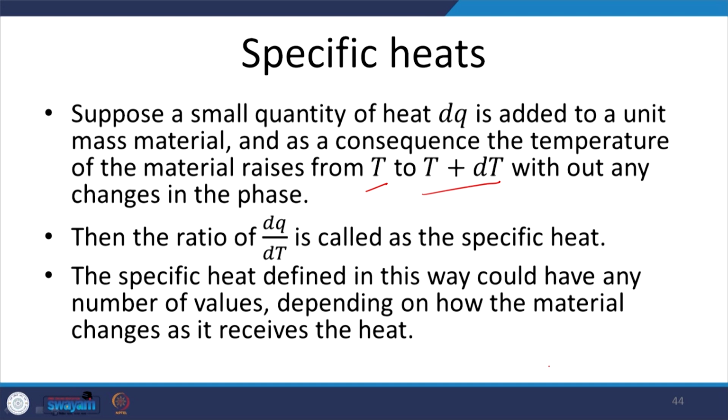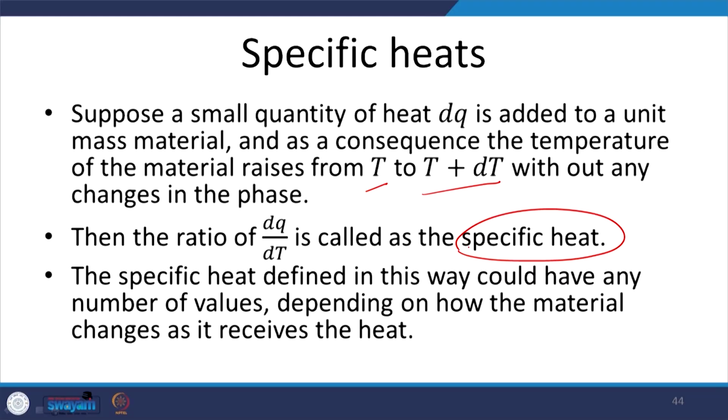So, basically you are adding a certain amount of heat to a system and expecting that it does not undergo any phase transition, and its temperature increases from T to T plus dT. The ratio of the heat supplied to the temperature change is called the specific heat. So, the specific heat is defined in this way.